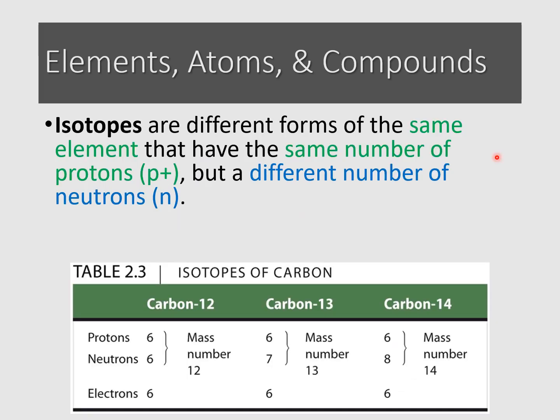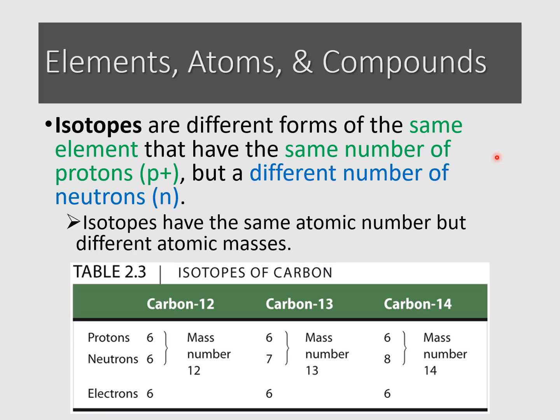So now that we know a little bit about atoms and their subatomic particles, we can talk about isotopes, which are different forms of the same element. So let's take carbon, for example. They are going to have the same number of protons, but different numbers of neutrons.